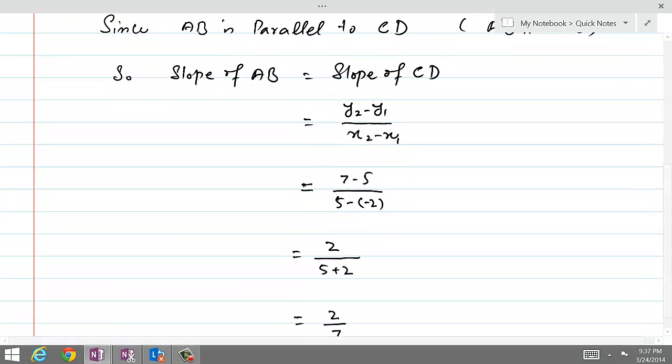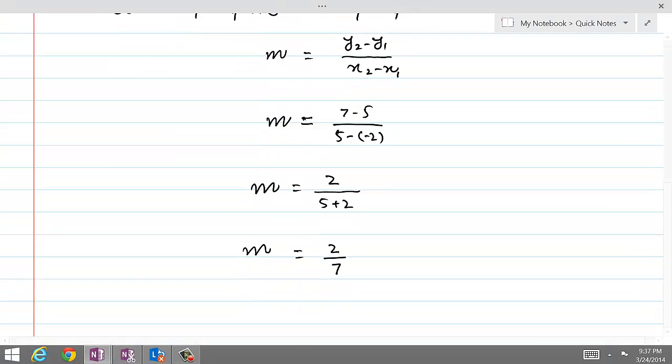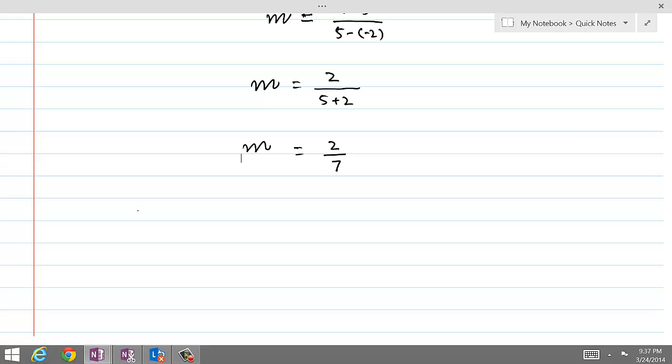So once we have this slope, this is the value of m, and now we know the equation of a straight line in slope-intercept form.